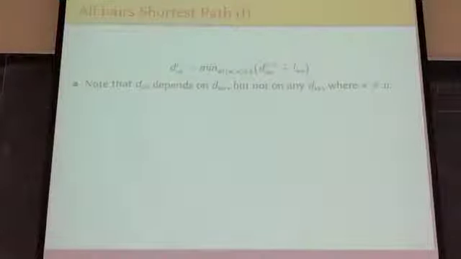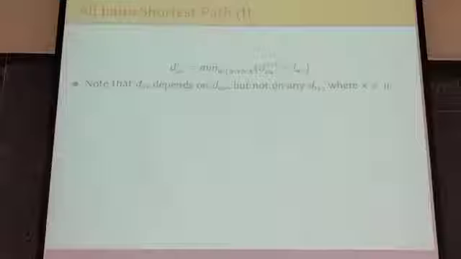So far we looked at single source shortest paths: one case, Dijkstra's, where none of the edges have negative weights, and Bellman-Ford, where edges can have negative weights. But of course, the problem of shortest path itself has no meaning if you have negative cycles, right? So we will never consider graphs with negative cycles when we talk about shortest path. So let's not worry about that. But you can have individual negative edges, okay?